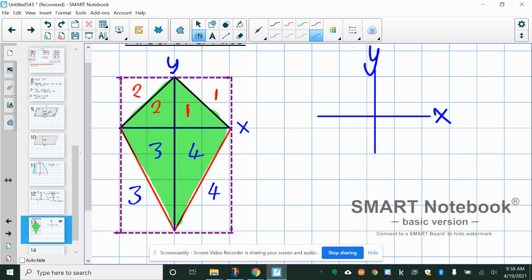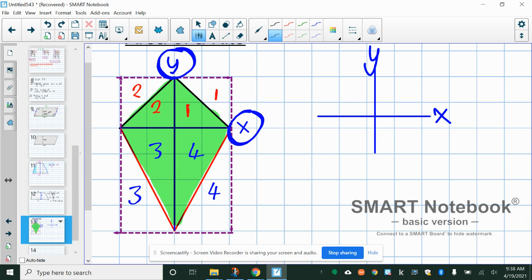So what you should be able to piece together is the idea that if you have a kite, it is exactly half the area of a rectangle that would go outside the x and y axis diagonals of the kite.